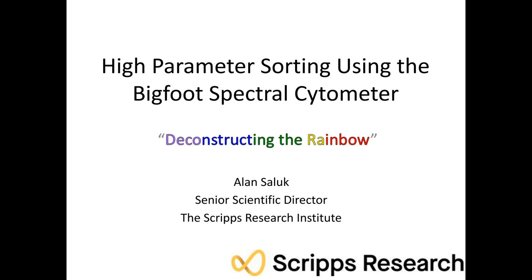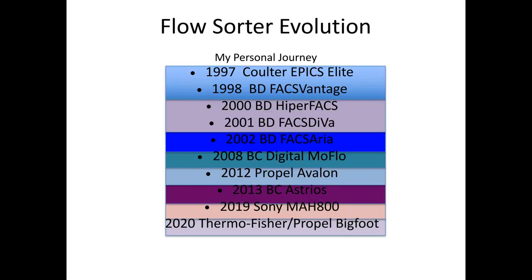But first, I want to frame it in the context of my history with flow cytometry sorting and how we've gotten to this spot in flow history where we're doing sorting based on spectral signatures. I thought it would be best to tell it through the evolution of all the different cell sorters I used over the decades and how they've led to where we are now.